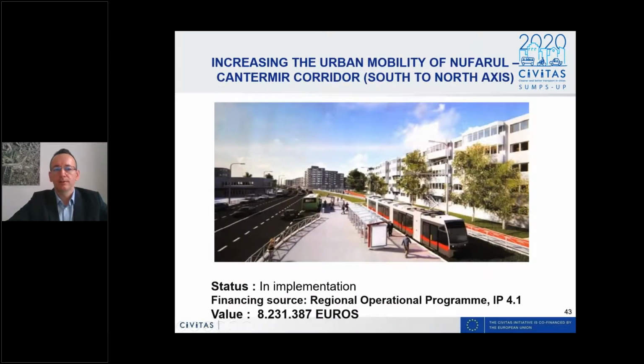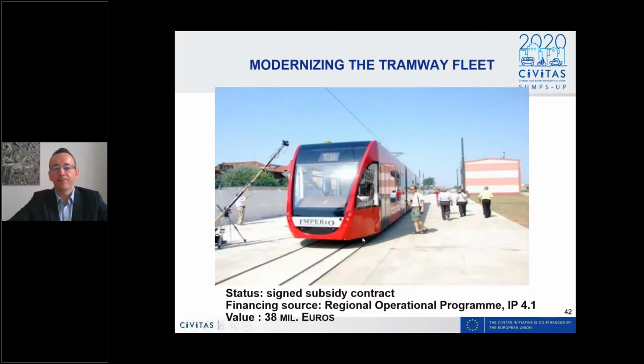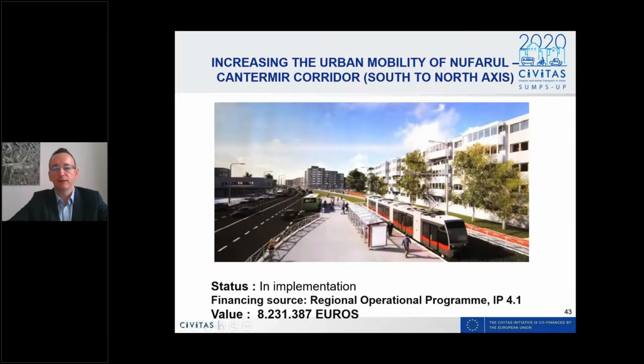And also the reorganizing of the mobility on various important boulevards and axes at the level of the city of Oradea. For example, you have here the south to north axis, which is going to be reorganized by, of course, promoting the sustainable urban transportation modes.